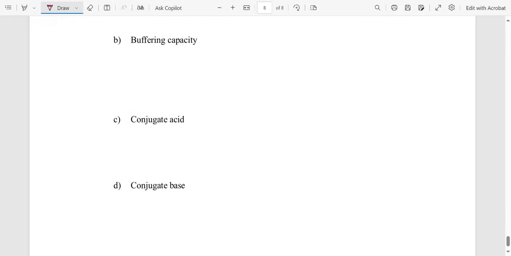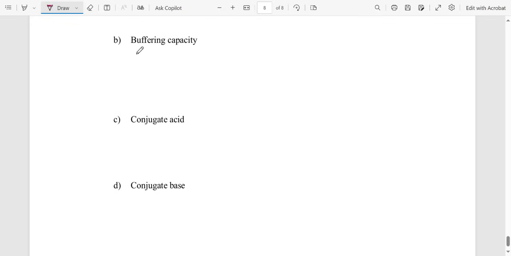Second part is buffering capacity. Buffering capacity just refers to the amount of acid or base that a buffer can neutralize before the pH begins to change significantly. Let's say you have a pH of 4 and you have a buffer solution. When you start adding an acid, the pH should remain 4. If you start adding a base, the pH should remain in that region. It will only change greatly if you add too much of the acid or too much of the base.